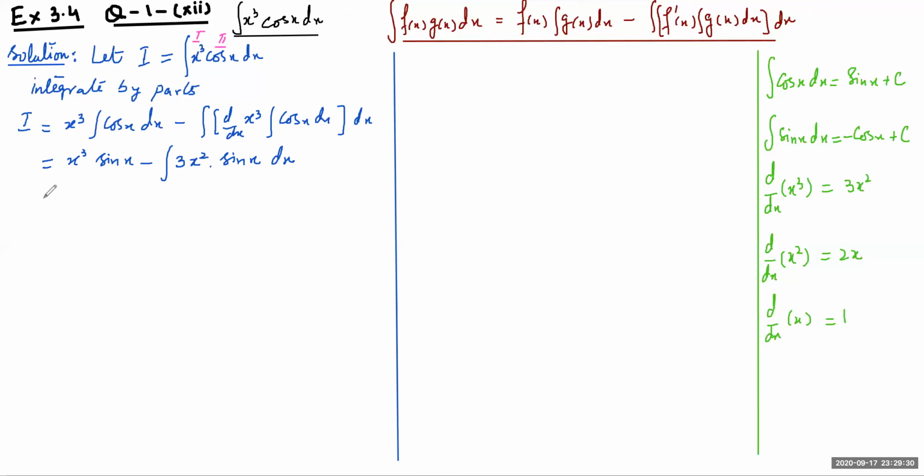So let's see, we get x cube sin x, take 3 outside the integral, and you will have x square sin x dx here.